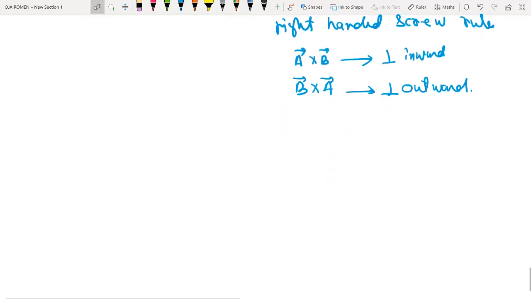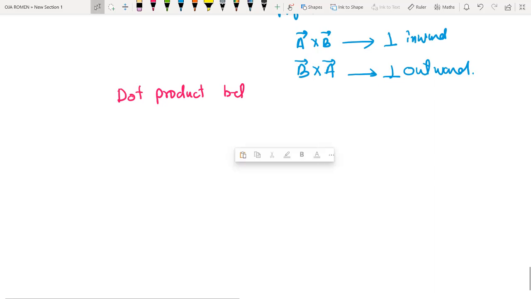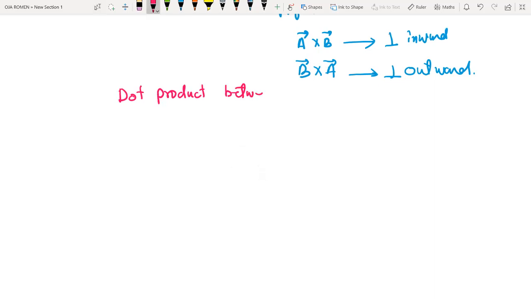Now say dot product between unit vectors.